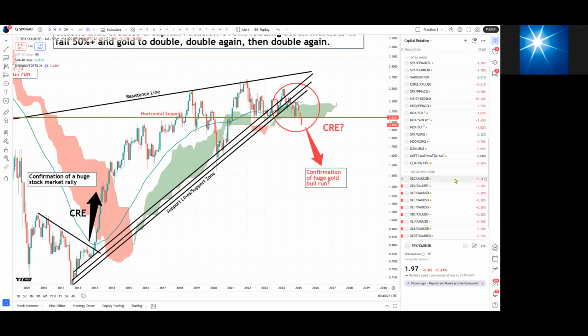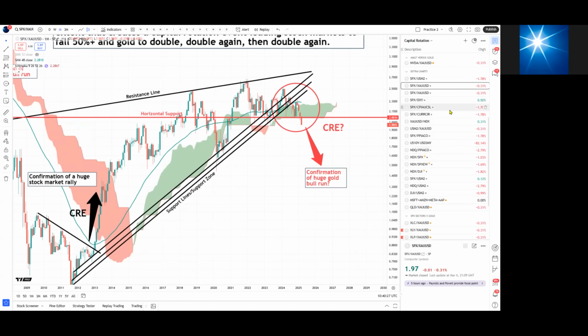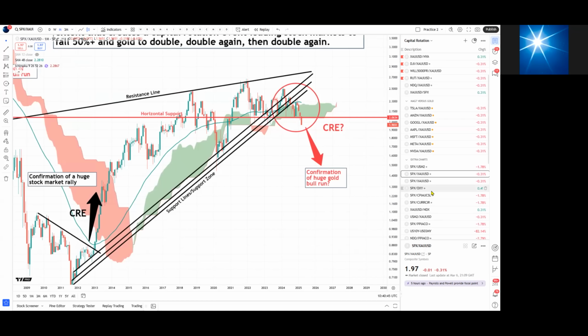We've also got NASDAQ versus gold in here somewhere, if I can find it. You're probably spotting it well before me. Let me just go down. So I've got NASDAQ versus inflation, versus SPX, NASDAQ versus M2. Why can't I see it?